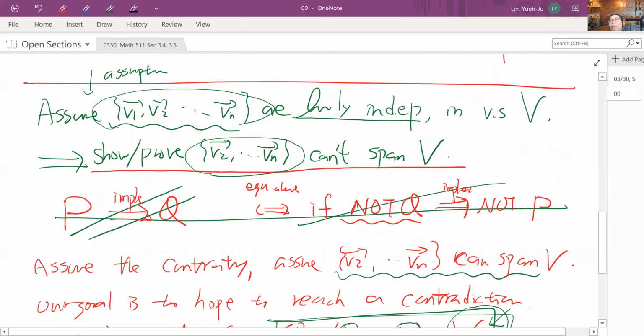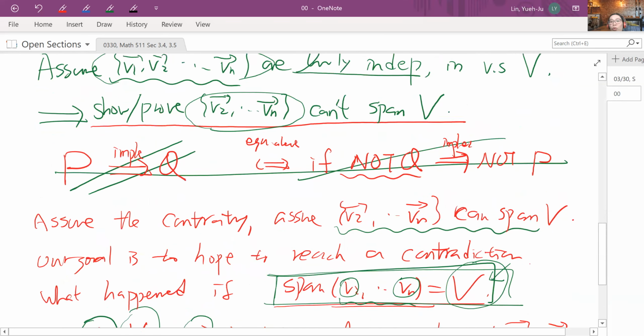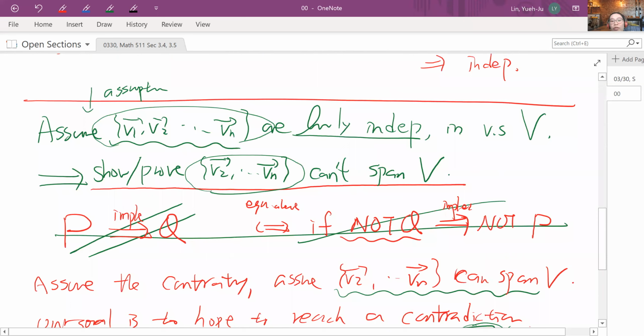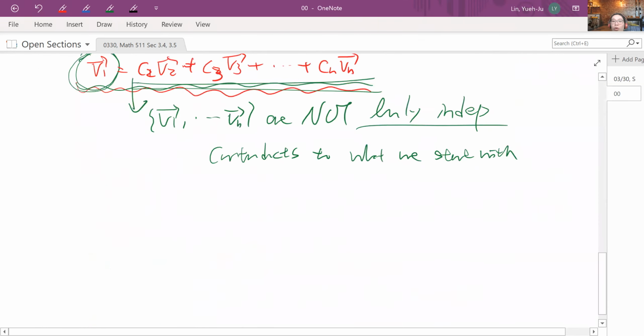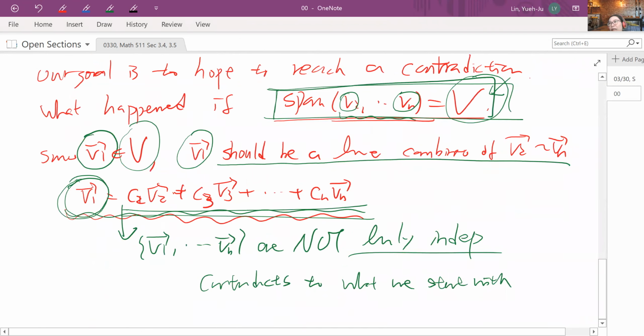You want to prove something, so you say, what if that thing is wrong? Can we reach a contradiction? That's the trick here. We want to prove that V2 to Vn cannot span V. So what we did is ask what happens if it could. We realized that if it could, then it would make V1 to Vn not independent.